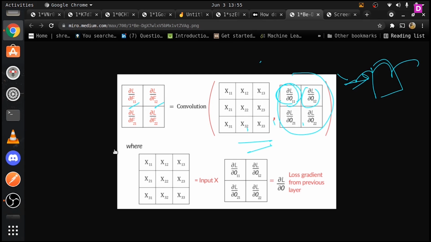The whole point of this was to find the values. When we were forward propagating, we were convoluting. In backward propagation, again to update these values, we will still be doing convolution, but the matrices will keep changing. So this is basically the whole thing about back propagation in CNN.